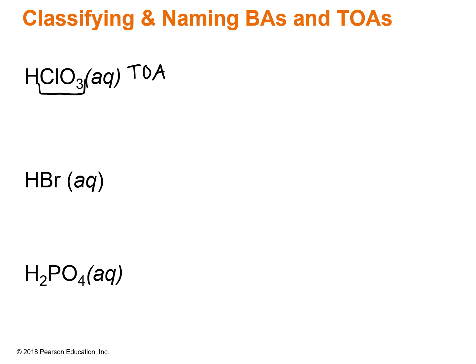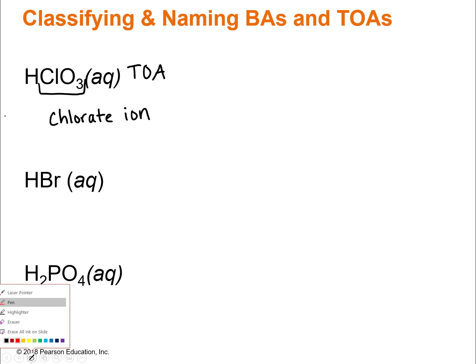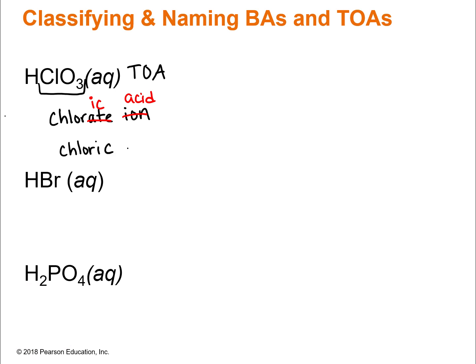You look up the oxyanion that the acid is derived from, and that's ClO3, which is the chlorate ion. For the ATE, we replace that with ic, followed by the word acid. So the name is chloric acid.